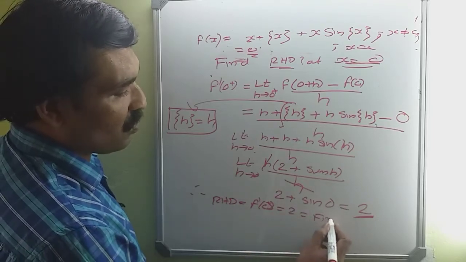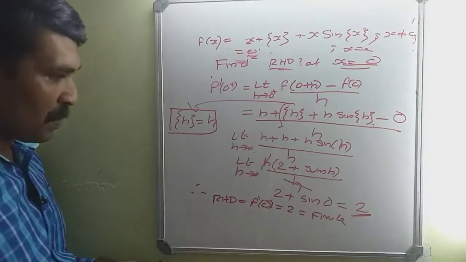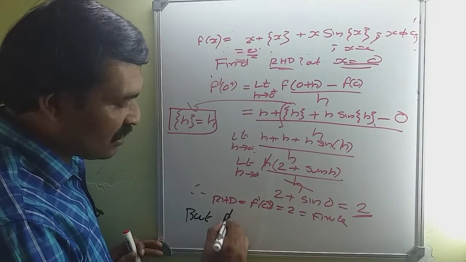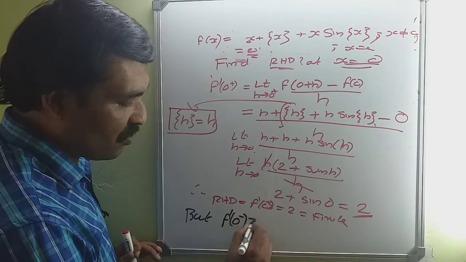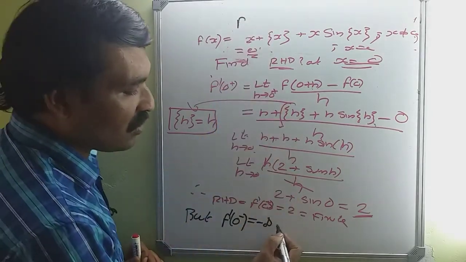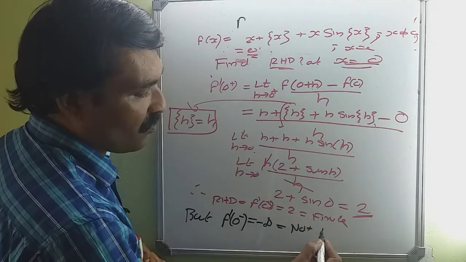That is finite. But f dash 0 minus is equal to minus infinity, which is not finite.